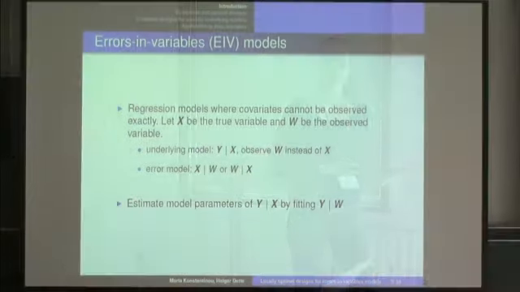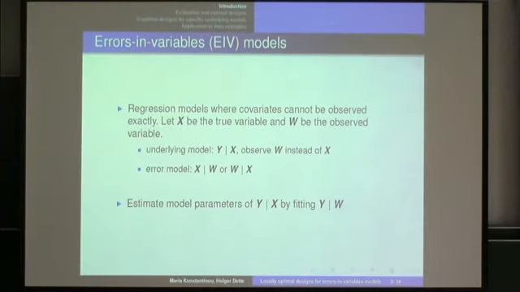So errors in variables models are basically regression models, but one or more of the covariates involved in a model cannot be observed exactly. So to define these models, we begin with an underlying model of the response with respect to the true variable x for the covariates. But instead of x, one can only observe another variable w, which is called the observed variable.